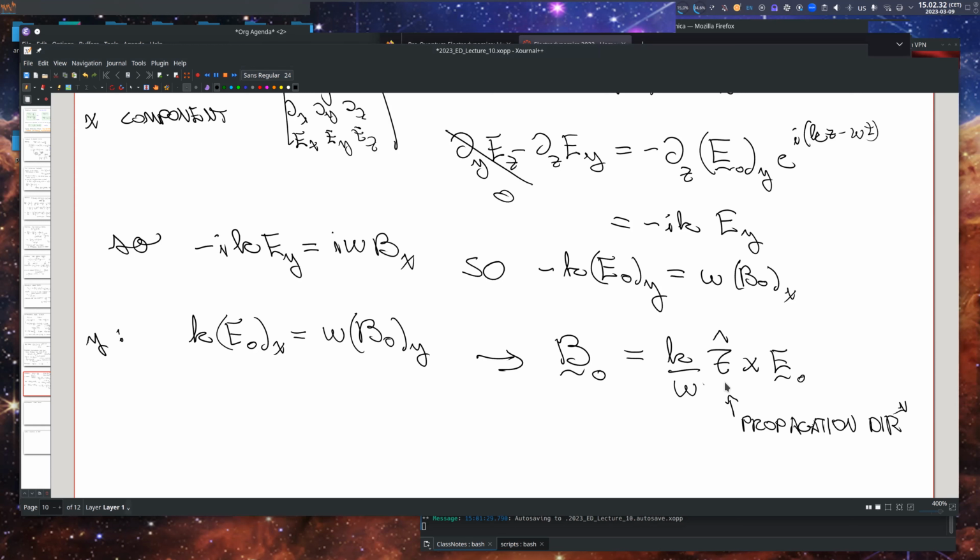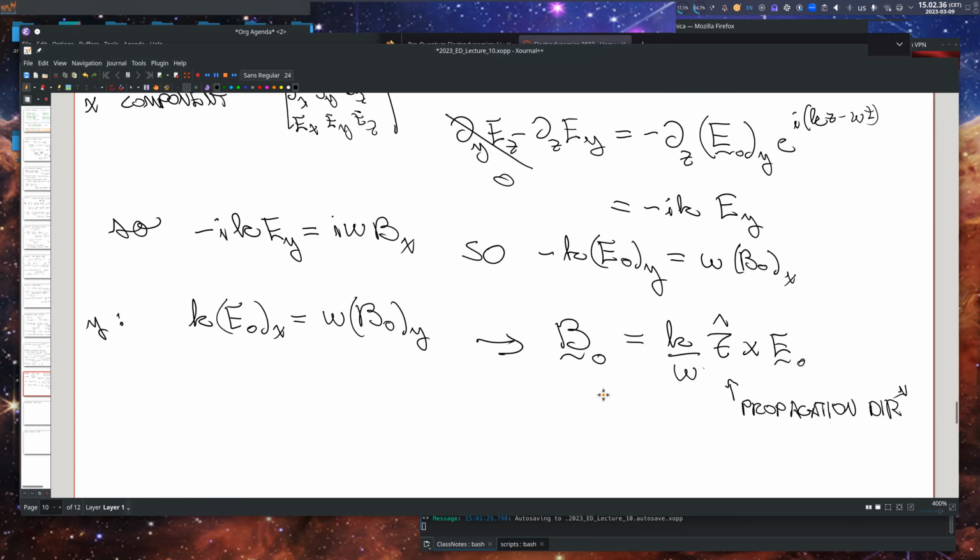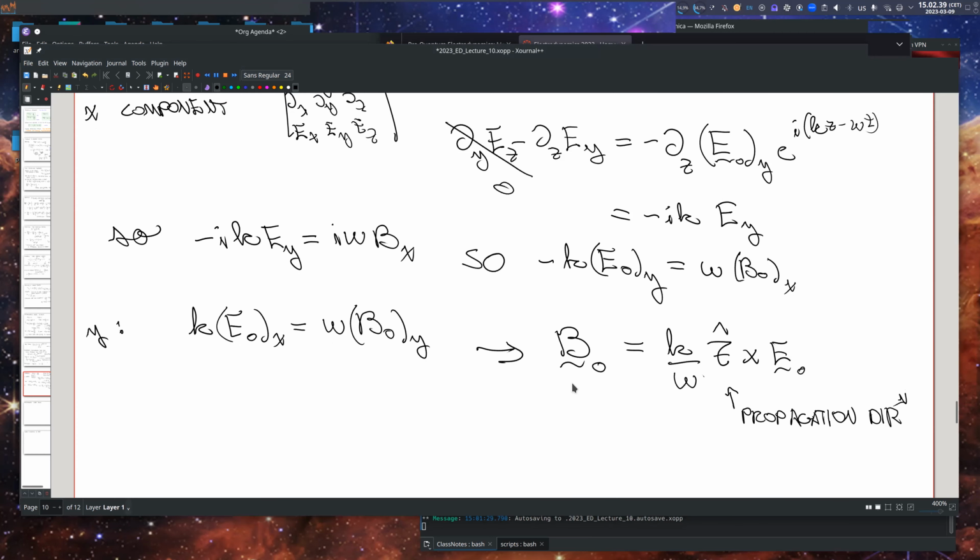And if you just use Faraday's two components here, you have determined now the full magnetic field if you know what the direction of the electric field is. Okay, so that's the idea.